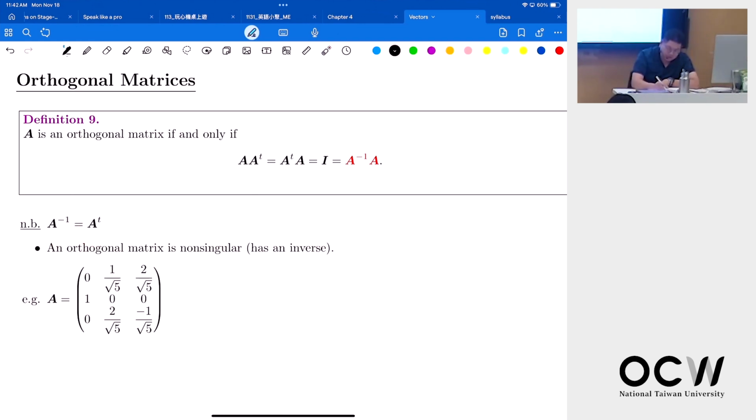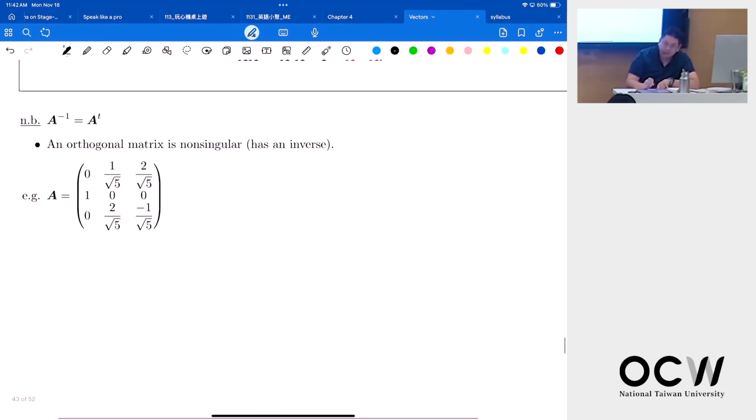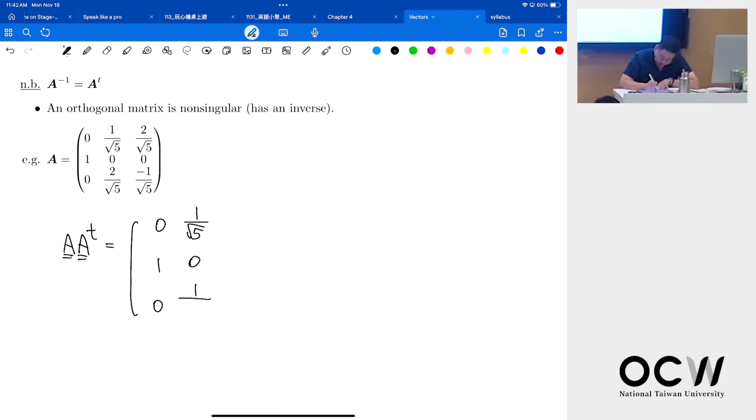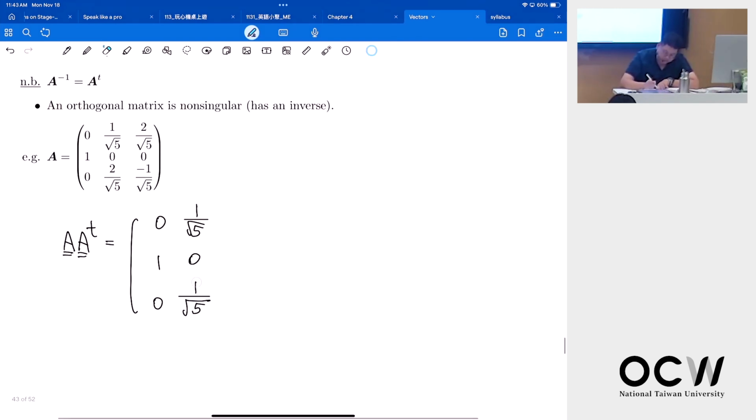So we can check this matrix times its transpose. So A transpose, let's see, 0, 1, 0, 1 over square root of 5, 0, 1 over square root of 5, 2 over square root of 5.